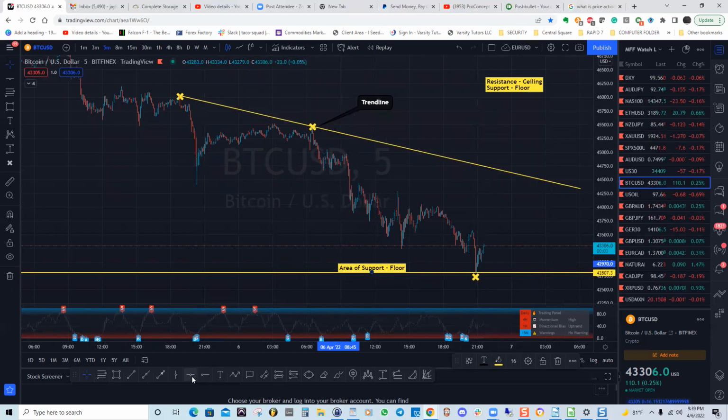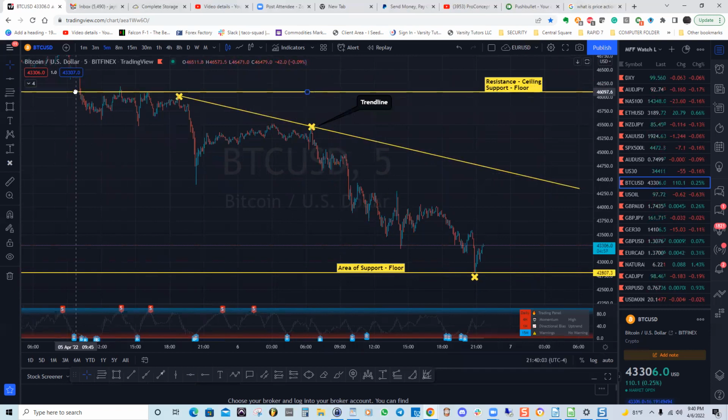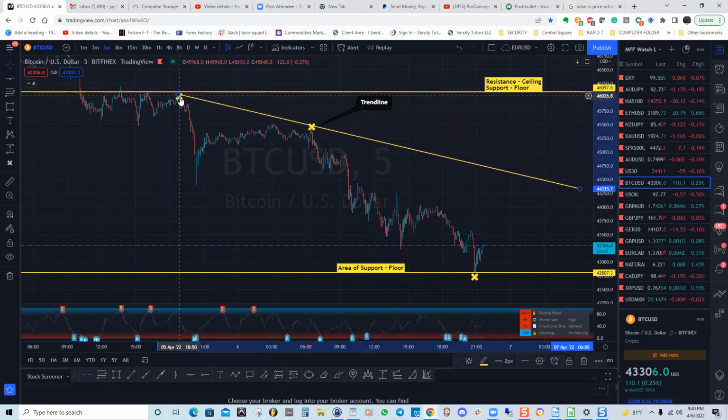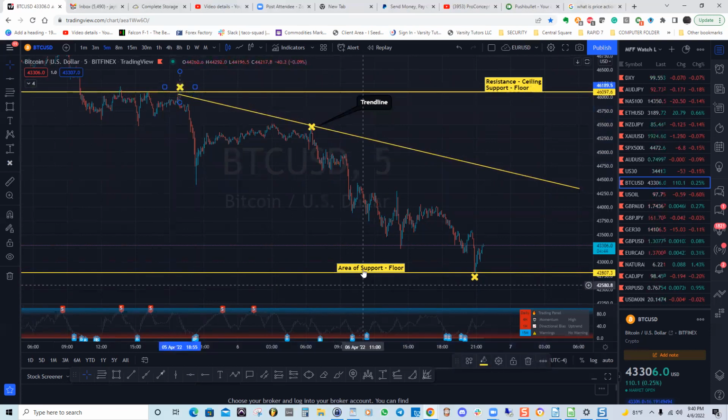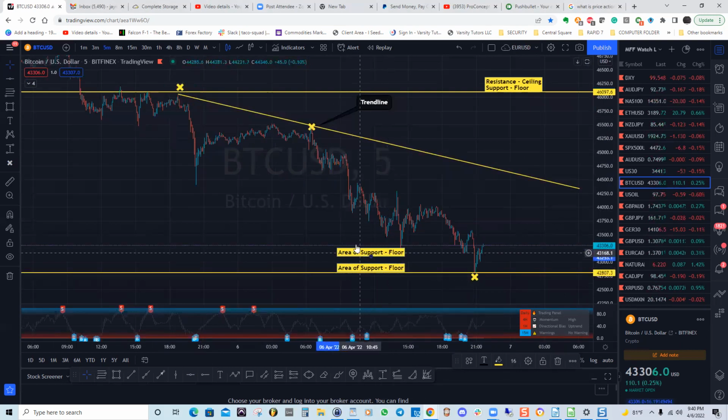I can come up here and draw a line way up here. Actually, put it right here. This line here will be what we call resistance. Move my X up here. So this area up here is going to be resistance because this is like the ceiling, way up here.